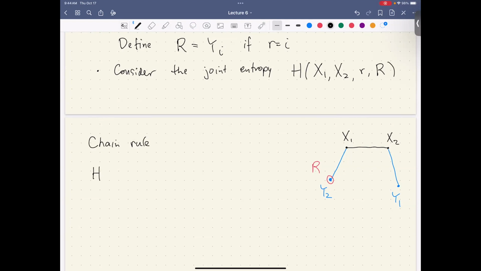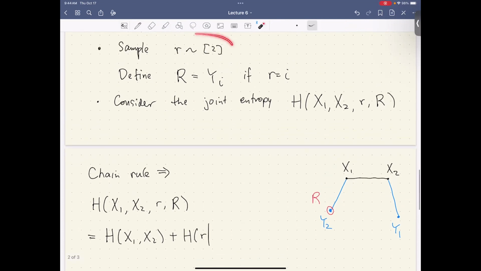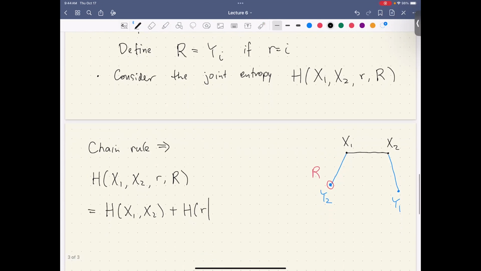we have the joint entropy of x1, x2, little r, capital R equals to, let's first expose x1 and x2 and see what information we get out of this pair. And then, given that x1, x2 is exposed, let's see what additional information we get from little r, this simple uniform random variable, conditioning on x1, x2.